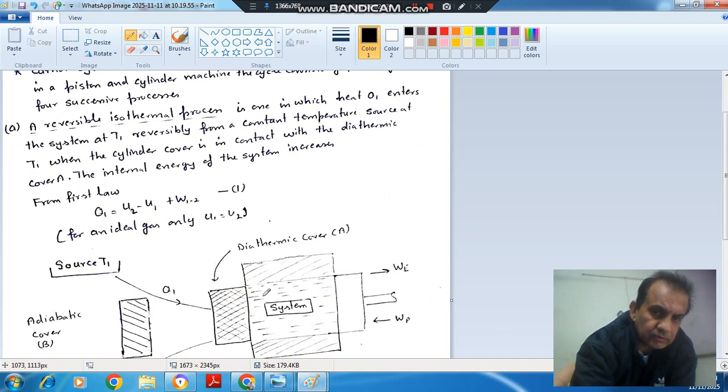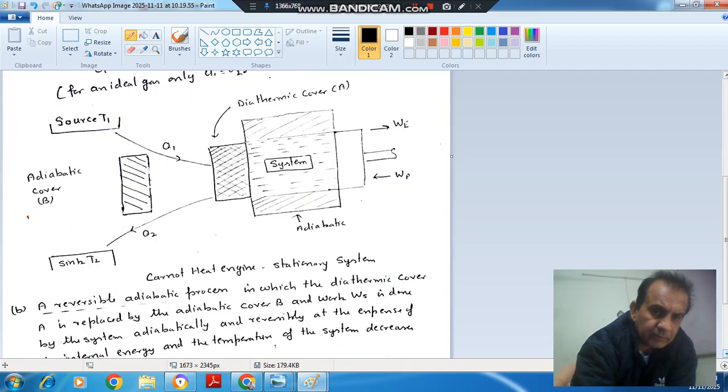So this is the first process, and it is carried out by maintaining the diathermic cover. After heat addition, the second process is called adiabatic expansion. To maintain adiabatic conditions, we have already placed an adiabatic cover here.